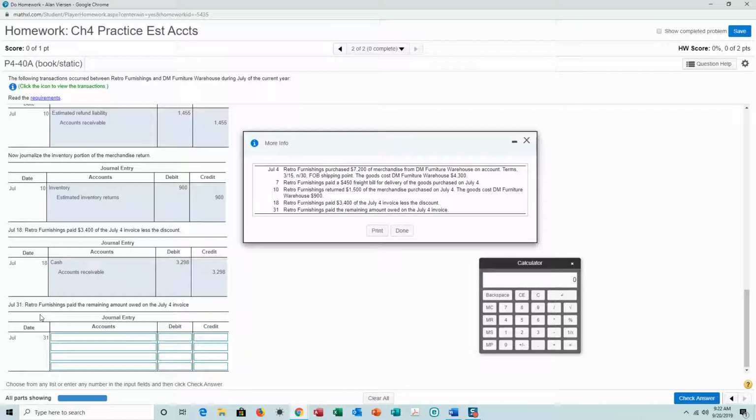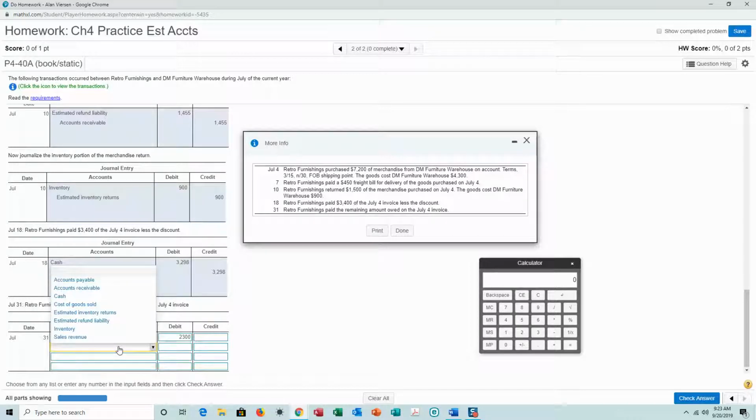And then the remaining amount is paid on July 31st. That journal entry is going to be: we debit cash because we're collecting the cash, and again we did this calculation and it's for $2,300.